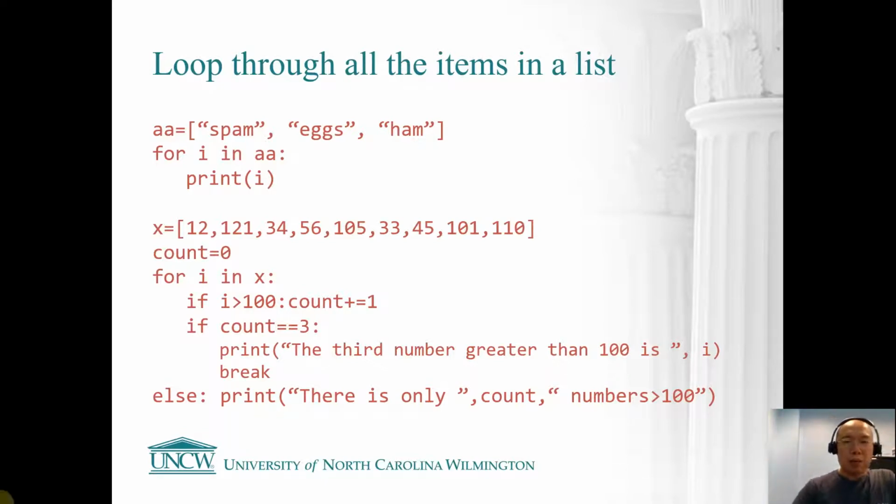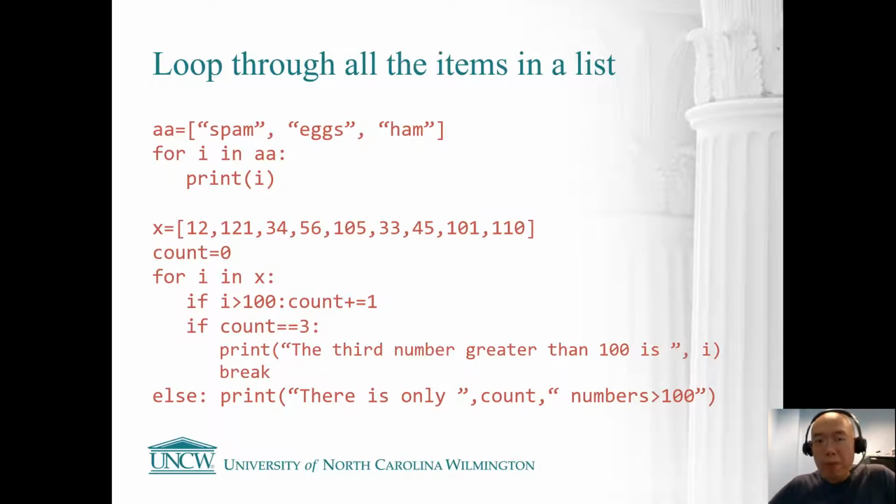And otherwise, I'm doing else here. Why? Because if I have finished all the possible rounds in this for loop without triggering the break, what does this mean? I visited all the values, but still there's no third value greater than 100.